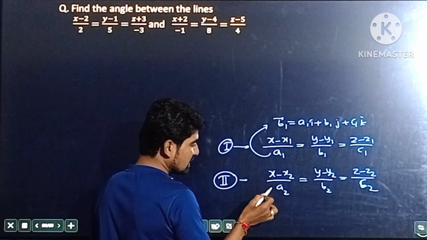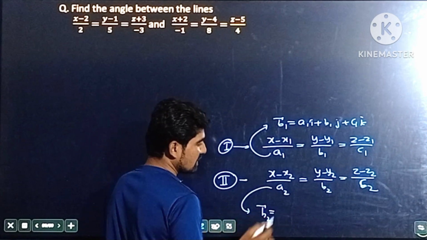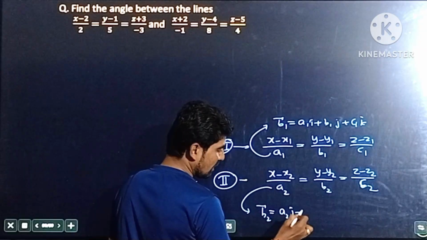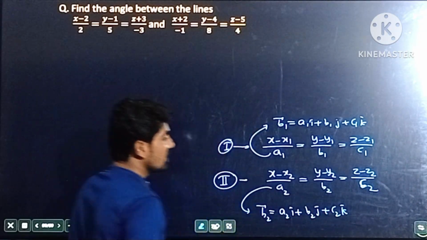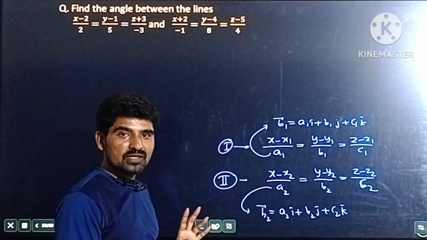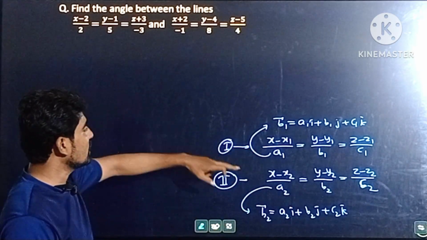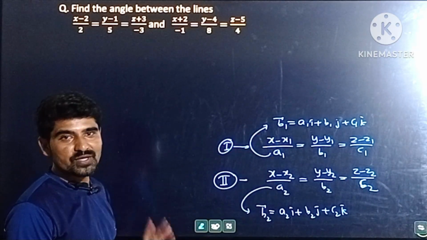Similarly, the direction vector for the second line, that is b2 vector, is a2 i plus b2 j plus c2 k. So for the angle between two lines, we need b1 vector and b2 vector. For that, just compare the given two lines with the standard form of equations of lines. Directly we get b1 vector and b2 vector.